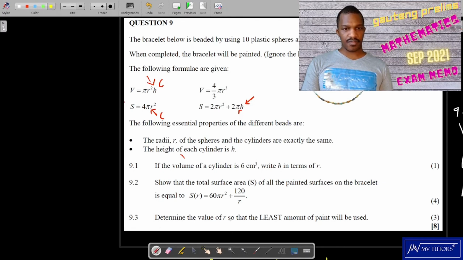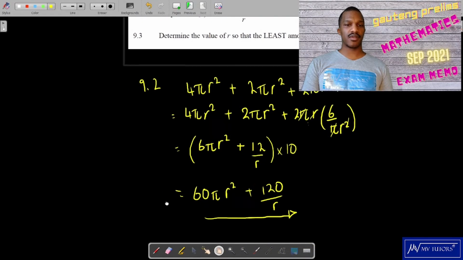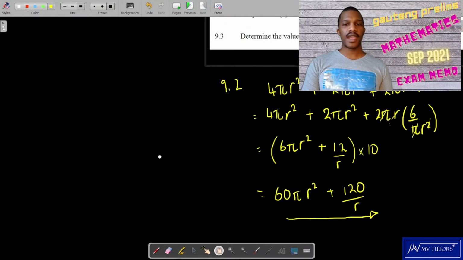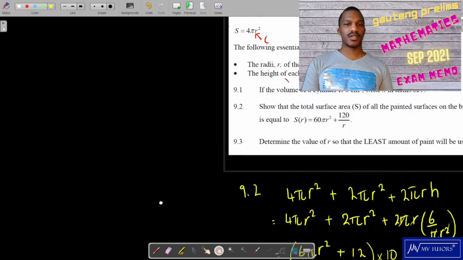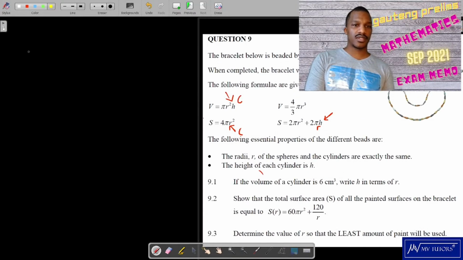Cool, let's move over then to the last question. Determine the value of R so that the least amount of paint will be used. Okay, so you use paint on the surface area, right? So that means that, let me do it like this. This is 9.3. It's a different color. This is 9.3.